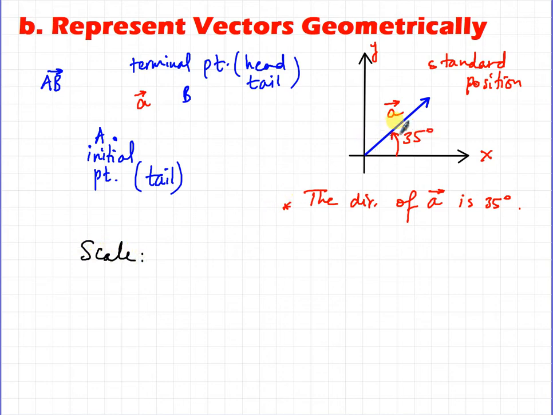If I assume that this vector represents a velocity quantity, in meters per second, and I take the scale that every 1 centimeter I draw on the paper represents, let's say, 5 meters per second. Alright, so based on this scale, what is the magnitude of this vector? Here I have to draw or to measure the length of this arrow to know how many centimeters. When I know how many centimeters, from the scale I can figure out what's the magnitude of vector A. So I'll grab a ruler.